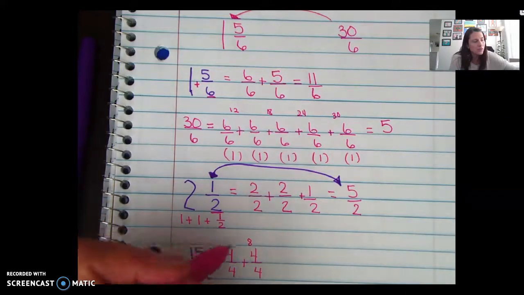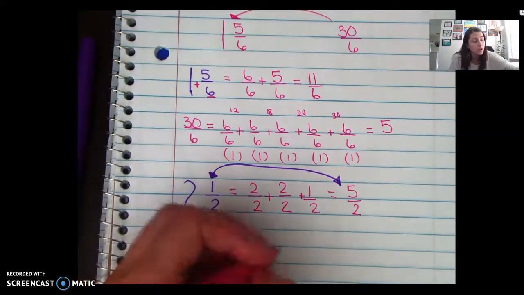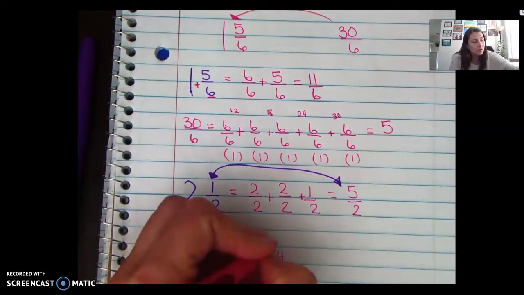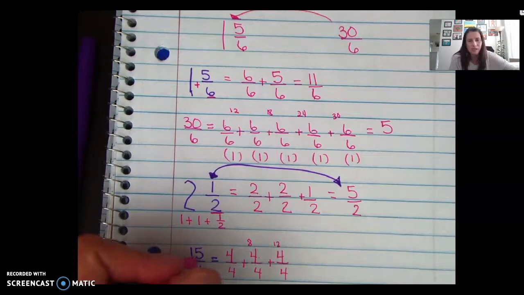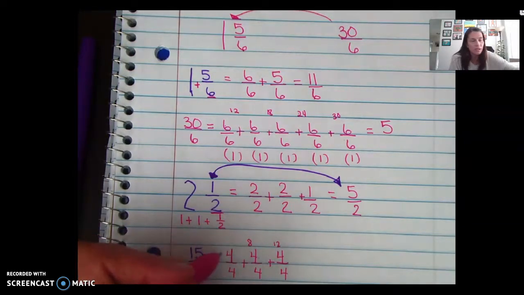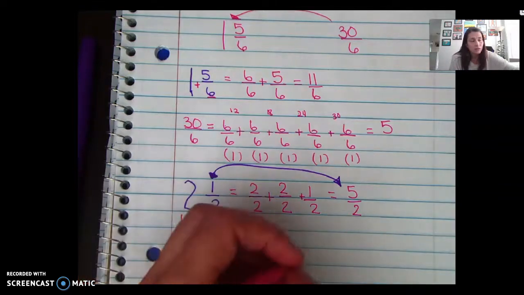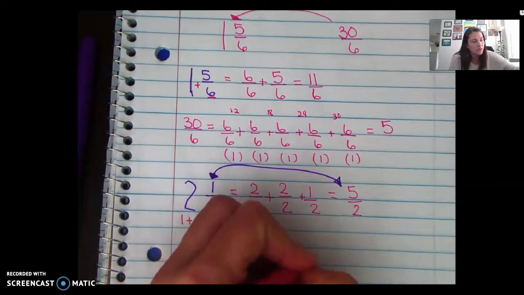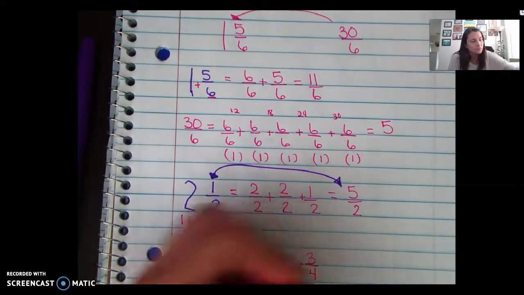Let's see if I do another 4: 8, 9, 10, 11, 12. Now I'm at 12. If I do 4 again, that gives me 16, so that's too many. So if I have 12, how many more do I need to get to 15? 12, 13, 14, 15. So I need 3 more. So that means I have 3 left over.